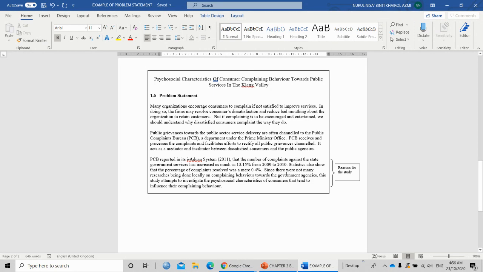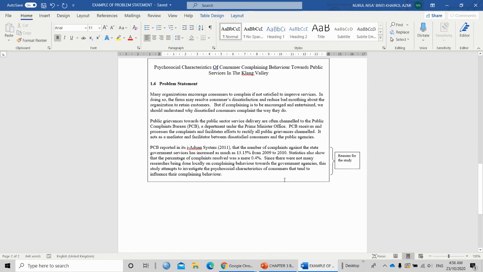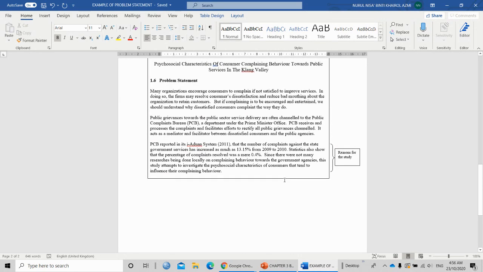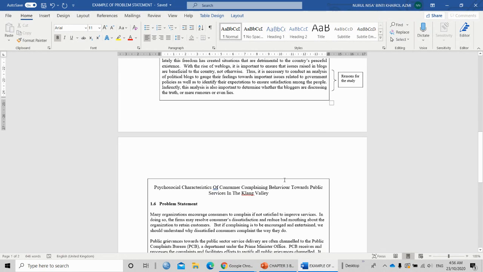Terus ada hala tuju. Based on the problem statement, ada based and then how large the problem it is, and then terus spesifik kepada objektif apa yang kita nak buat in this research. Okay, so that is how you write a problem statement.